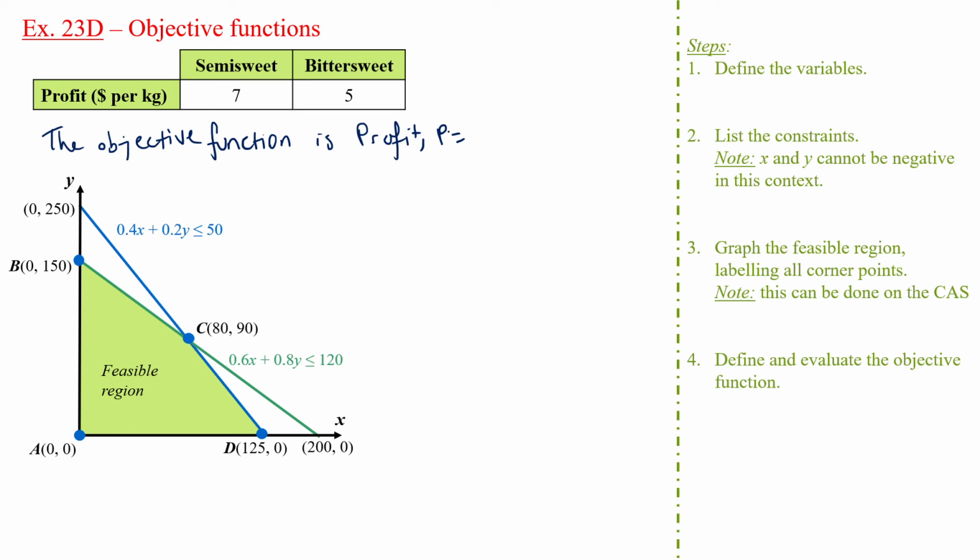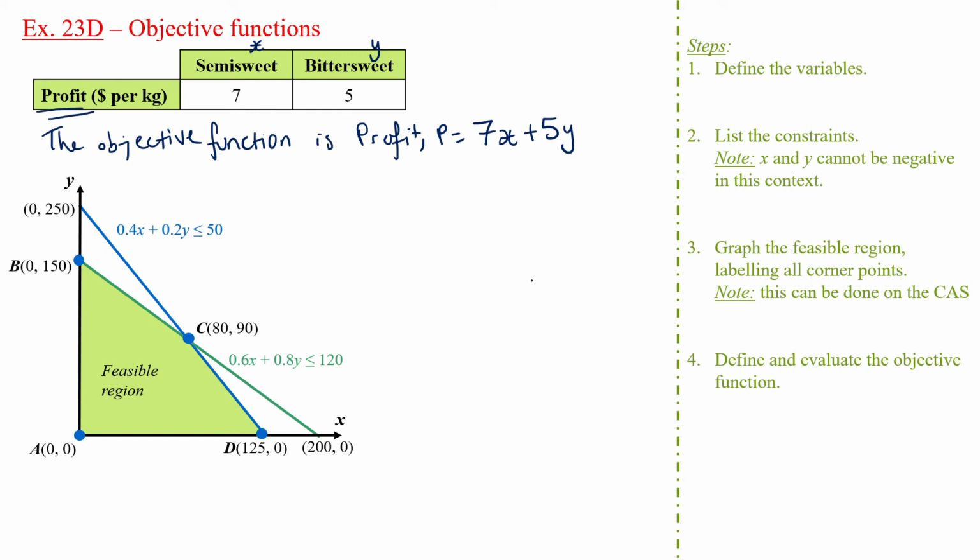And the objective function is given by, well, again, remember that semi-sweet is given the variable X and Y is given to bittersweet. So we can make $7 per kilogram of semi-sweet and $5 per kilogram of bittersweet. So that's our objective function, and that's where that comes from, the profit function.